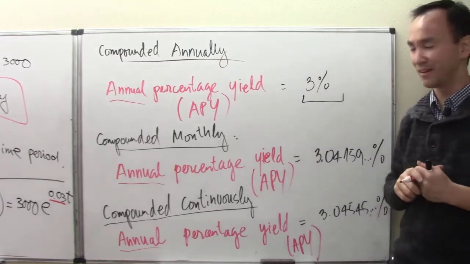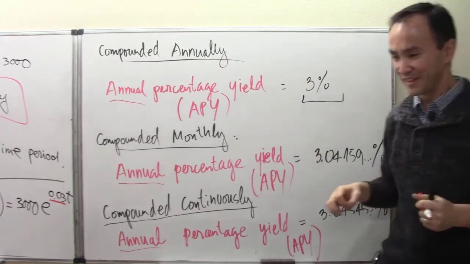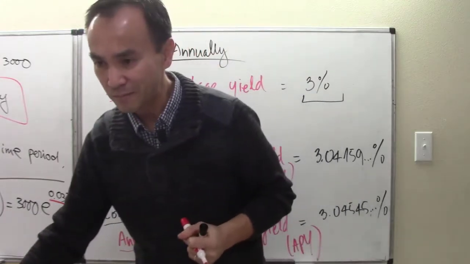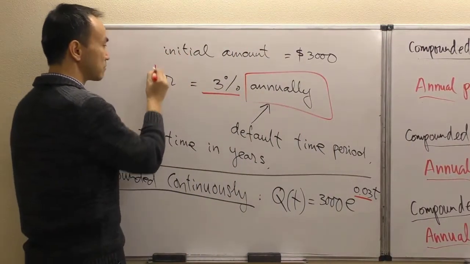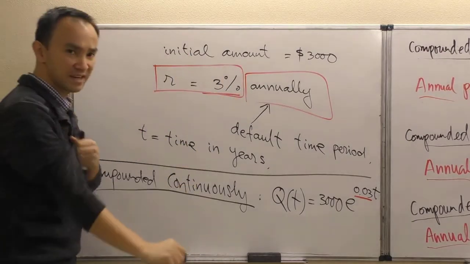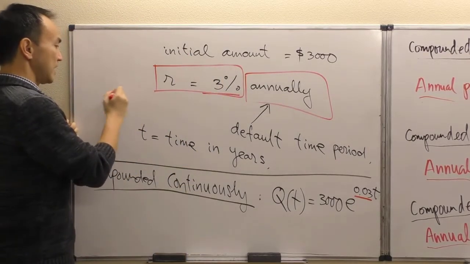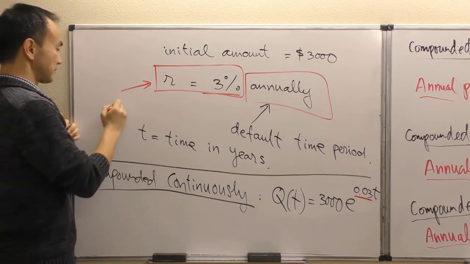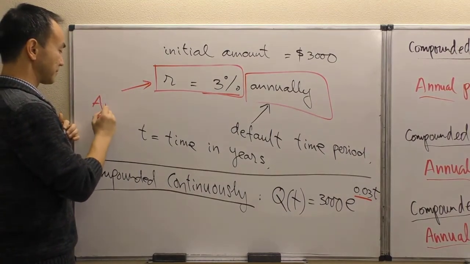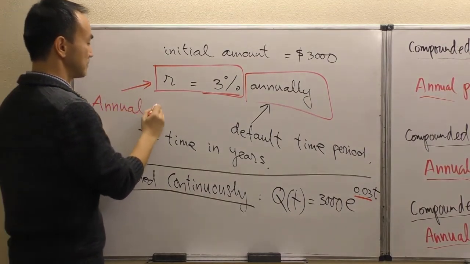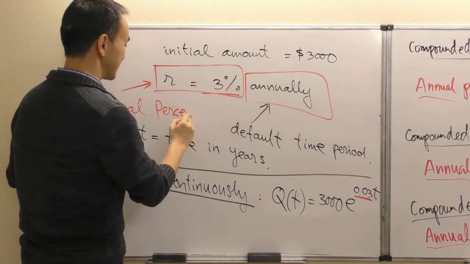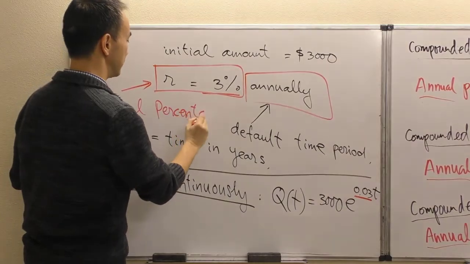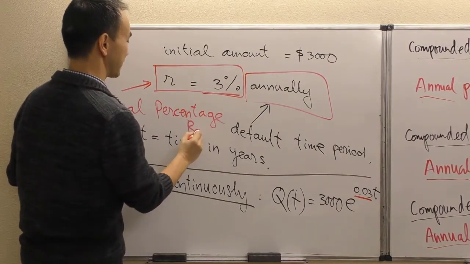The value that's always stated in the problem, which is how it usually runs, is called the annual percentage rate, because it's given in percentage.